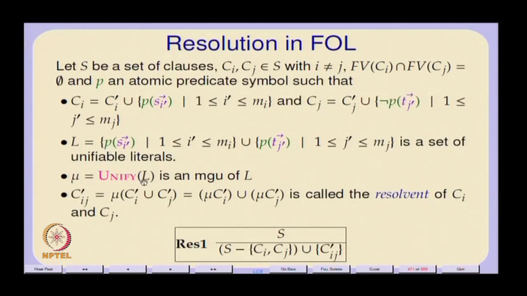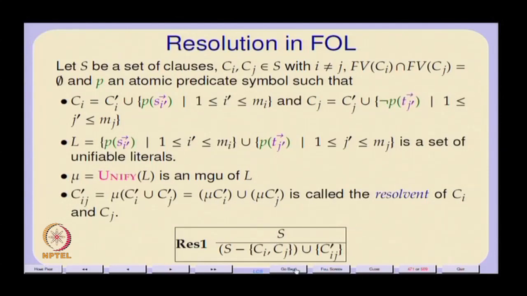Find a most general unifier for some sets of these clauses containing complementary pairs, and having found the most general unifier, you remove these clauses and you add this new resolvent Cij prime, which is obtained by applying that unifier and taking the union of these pairs of clauses.